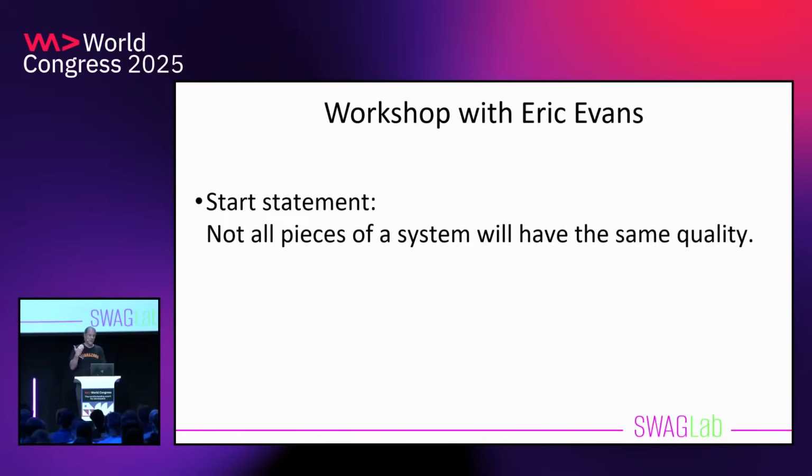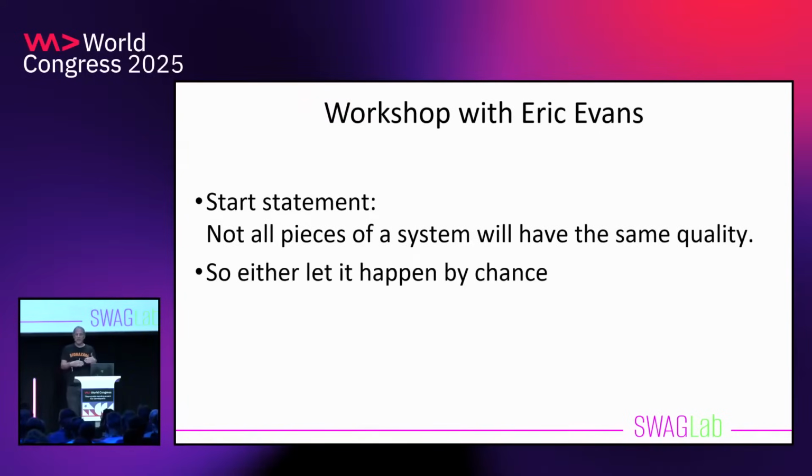And the implication that he pointed out was that you just have one choice. Either you let that quality happen by chance, so you just say, okay, we are going to build that system, and I'm not steering the quality, I'm not setting any priorities, or I actually steer the quality and I set priorities about specific parts.